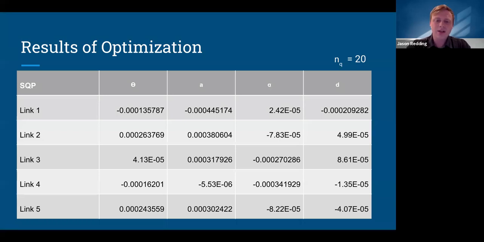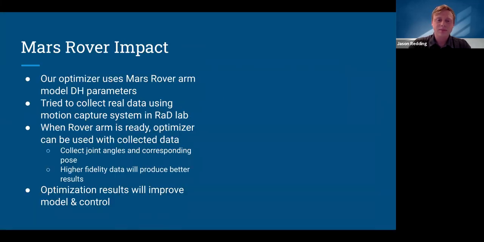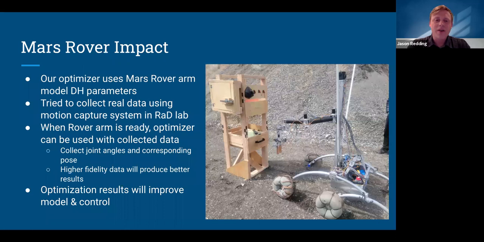Our goal really was to make sure that we could provide any physical robot or any physical model and have it be adjusted according to data or simulated data, and get basically no difference between the DH parameters of that physical robot and the model. This will have a large impact on the Mars rover project, which also uses DH parameters to model our robot arm.